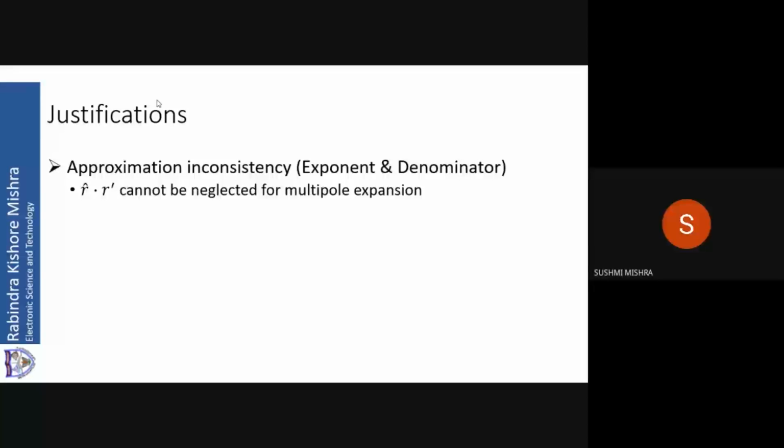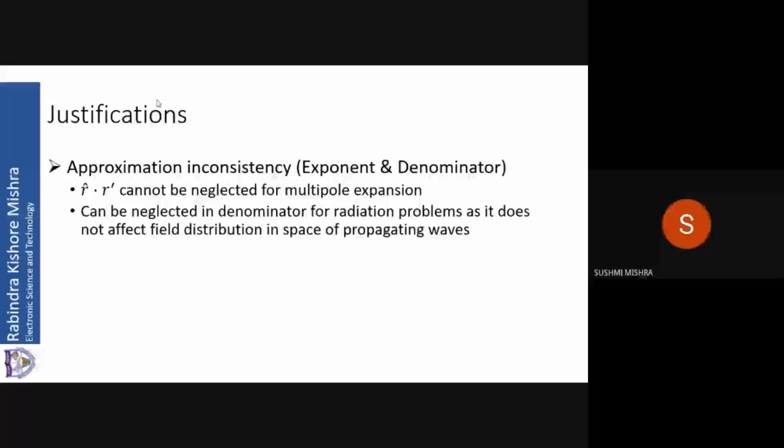If we are using an analysis using multipole expansion, multipole means many number of poles, and we are integrating or summing over the result of all those poles. In that case, we cannot neglect r cap dot r dash. That is the first thing that we have to remember.